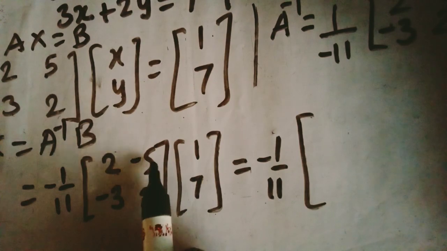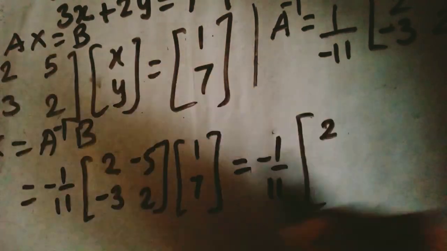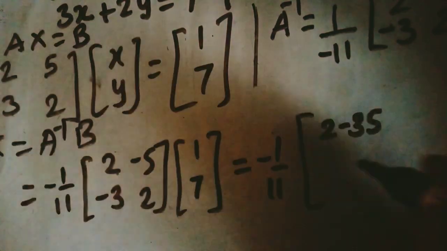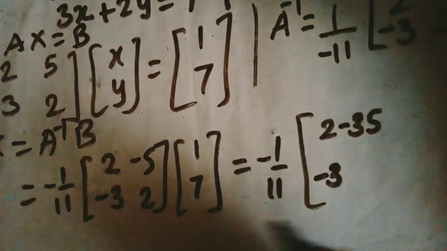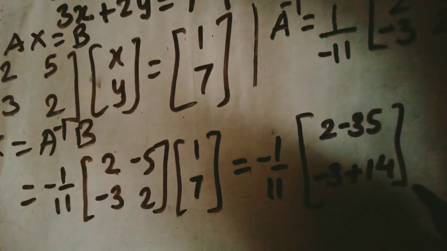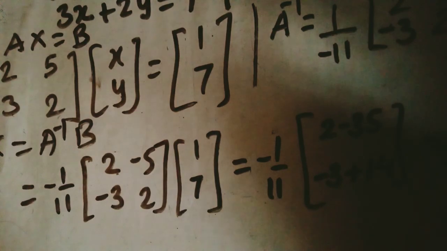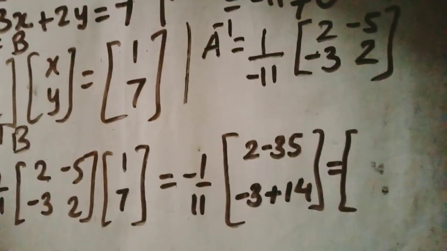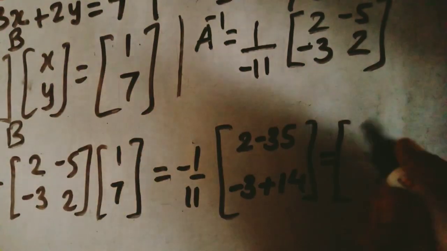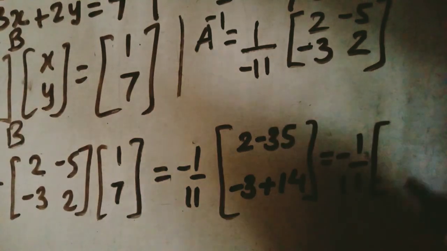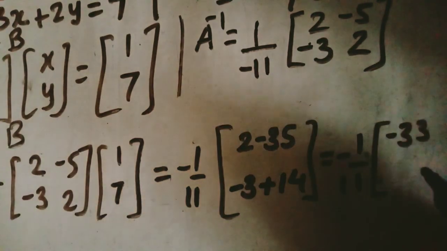Multiplying, you will get 2 into 1 minus 3 into 7, and minus 5 into 1 plus 2 into 7, giving minus 1 by 11 times minus 33 upon 11.